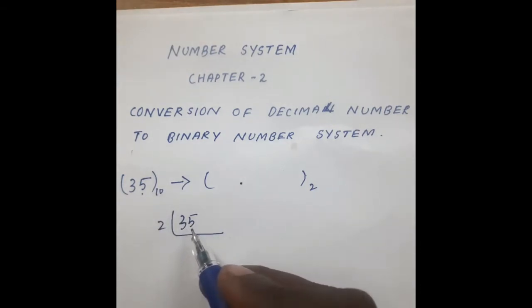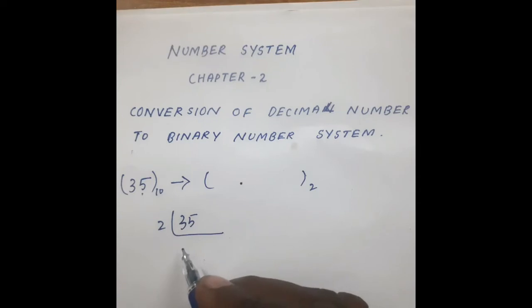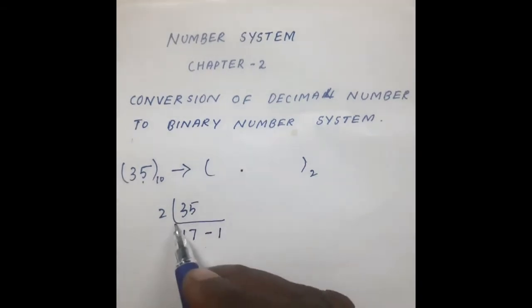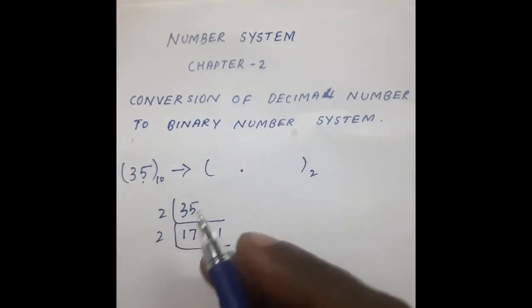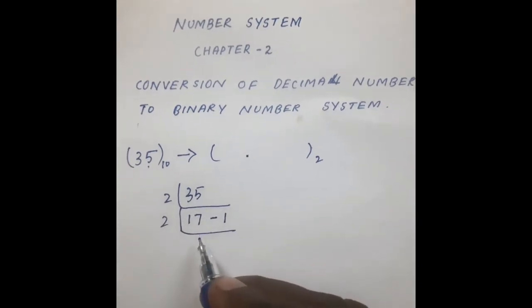When you divide 35 by 2, you will get 17, remainder 1. So 17 divided by 2, you will get 8, remainder 1.